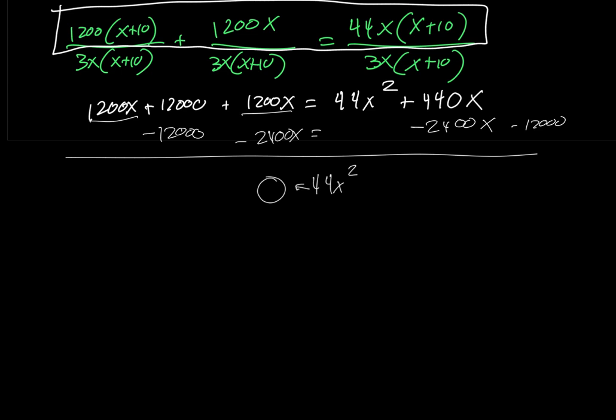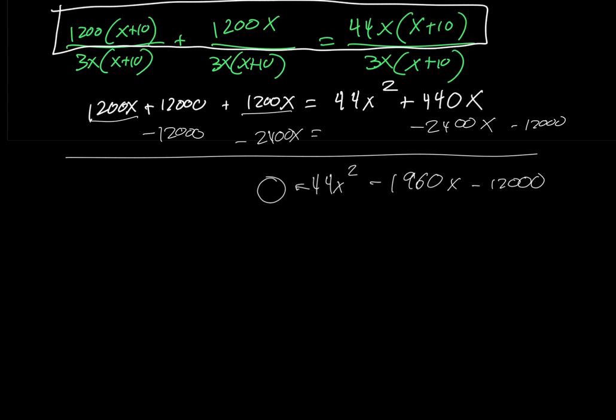And never trust me if I do subtraction in my head. 440 minus 2400, negative 1,960, minus 12,000.